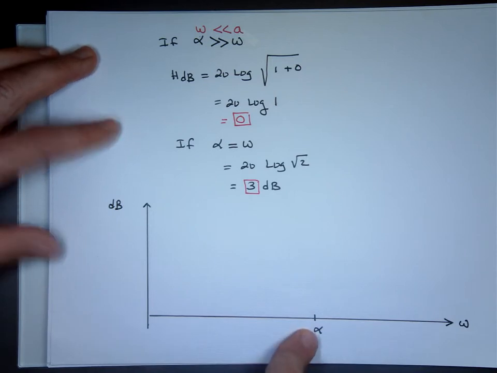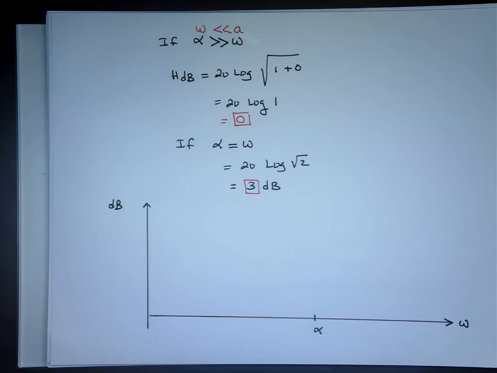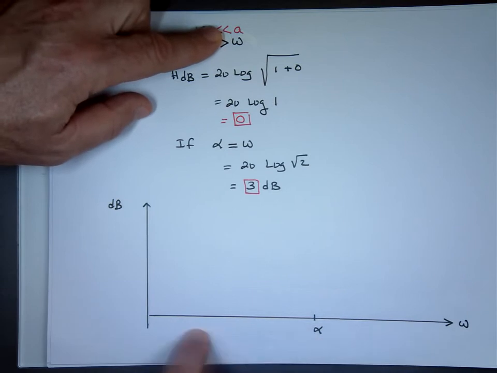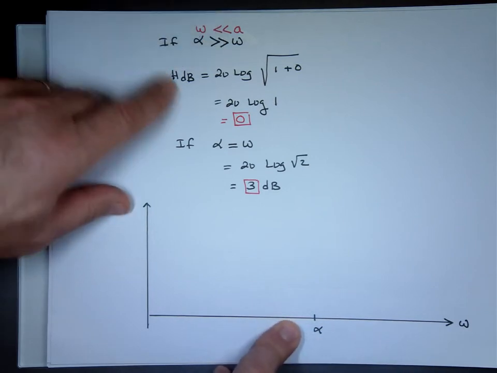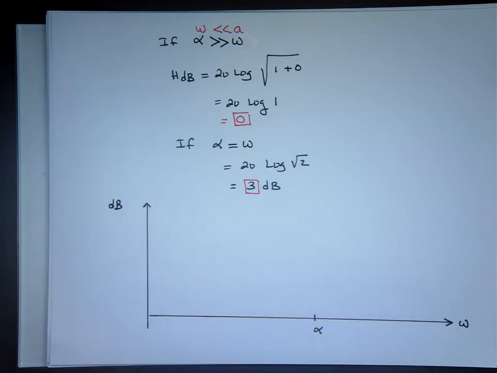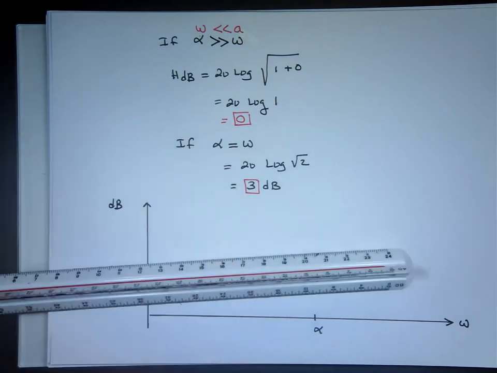So this is A. When A is really a small value, W is much, much smaller than A or alpha. That's on this side of it. What was my decibel value equal to? Wasn't it 0? So my graph, do I have a thick marker somewhere here? Yep, here we go. My graph will look like this.